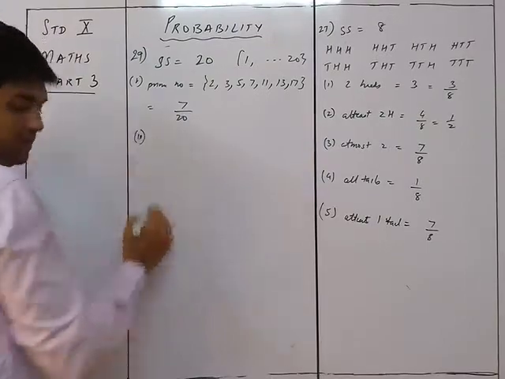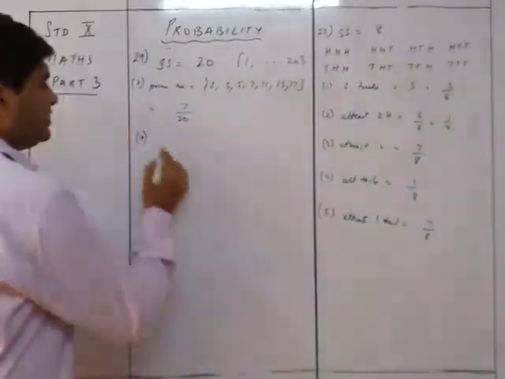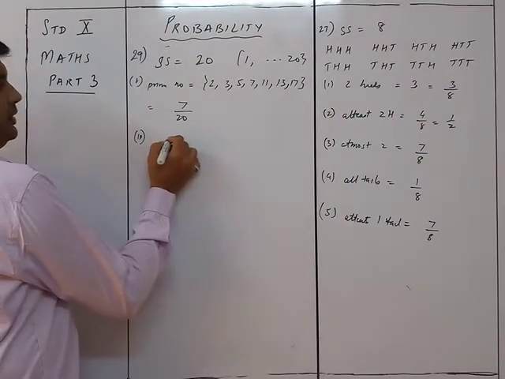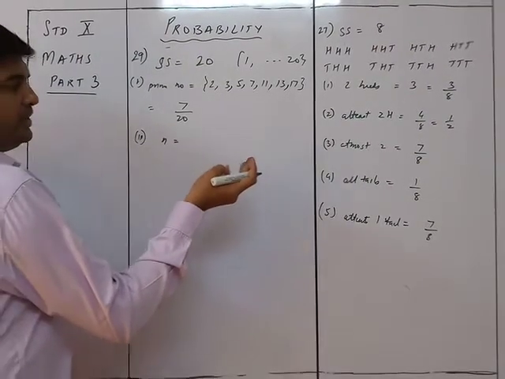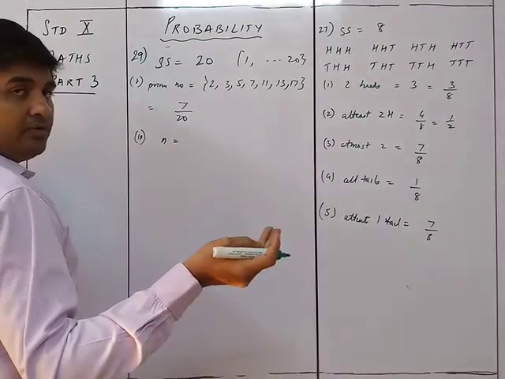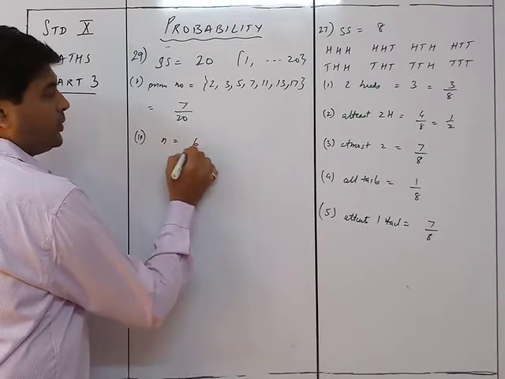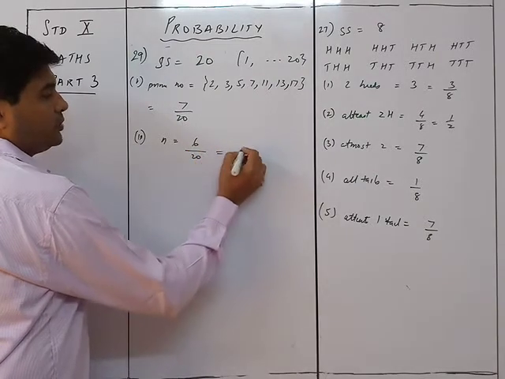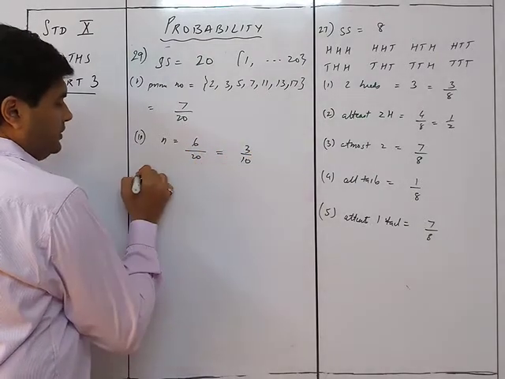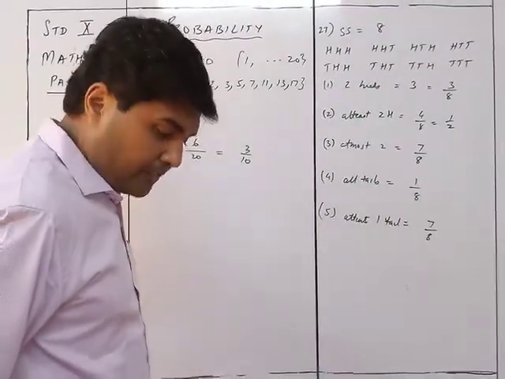Second one is divisible by 3. Divisible by 3 will be 3, 6, 9, 12, 15, 18. Okay, so 6 of them. So 6 upon 20, which is equal to 3 upon 10. Third one will be a perfect square.